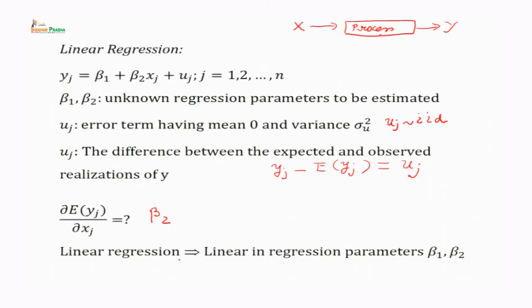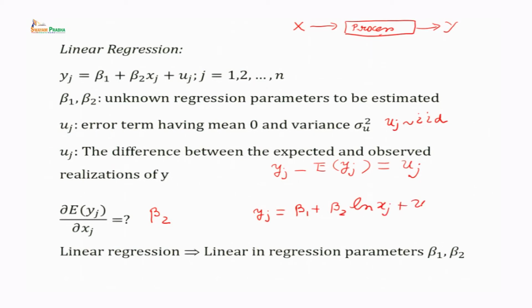Then in linear regression, what do we mean by linear regression? It is linear in the regression parameters beta 1 and beta 2. It may be non-linear in x j, meaning your relationship may be of this type: y j equal to beta 1 plus beta 2 log x j plus u j.